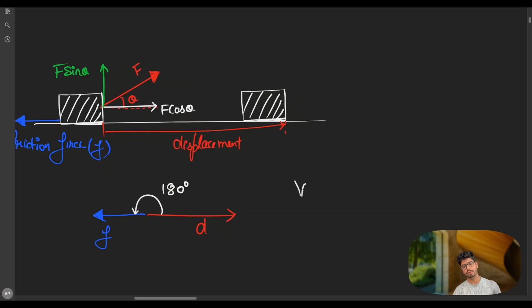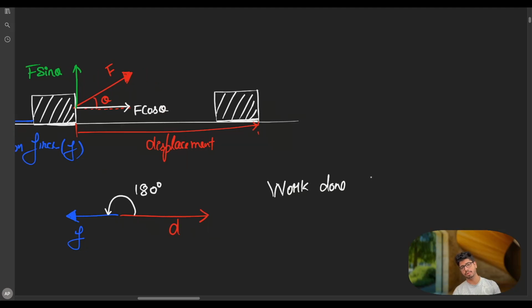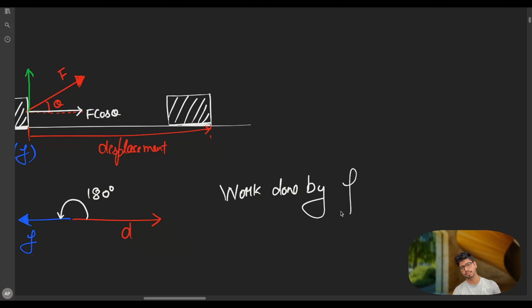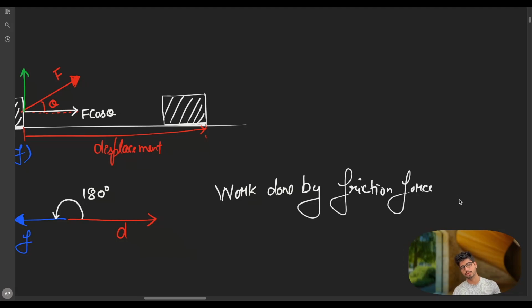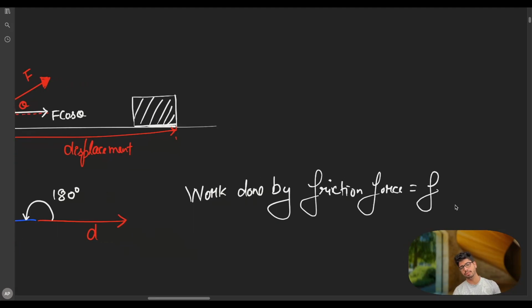If I have to define the work done by friction force, it is friction force F into displacement D into cos 180 degrees. And what is cos 180 degrees?